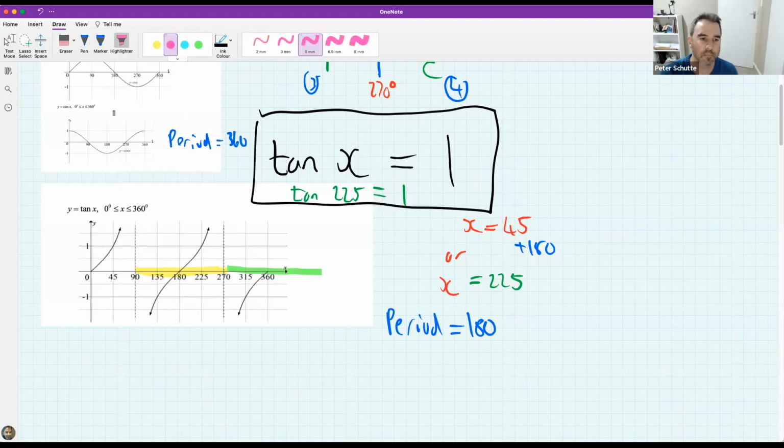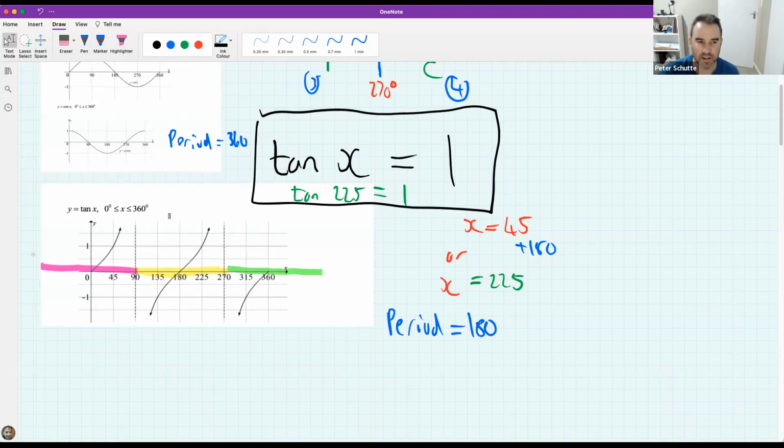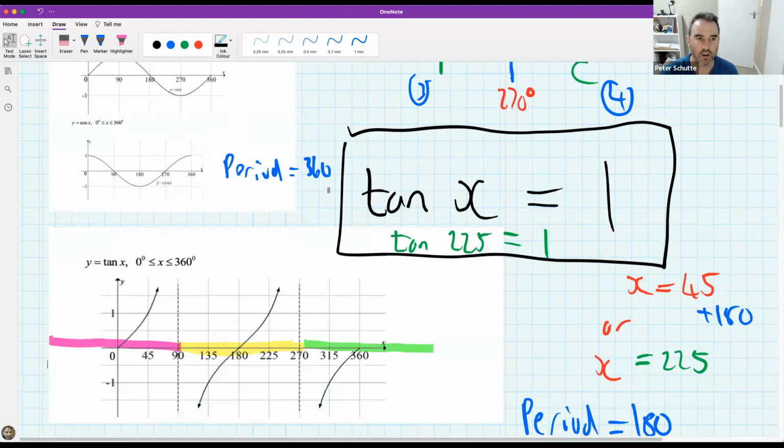So the tan graph just repeats itself every 180 degrees. That's why we say the period is 180. Now, if we look at the cos graph, it has to go through 360 degrees before it starts repeating itself again. And then it just goes like this again.